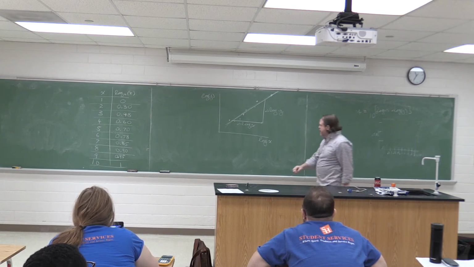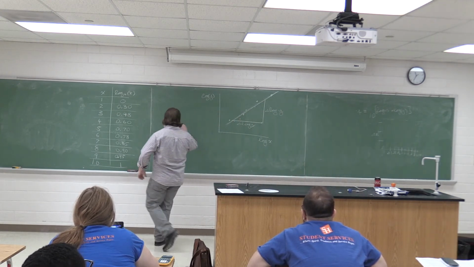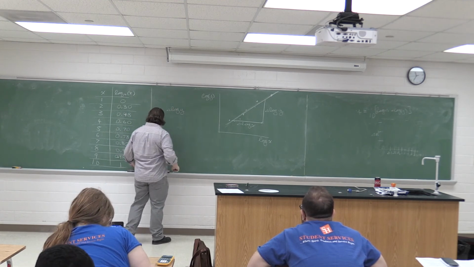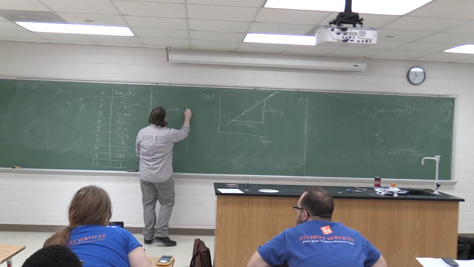So let's imagine that we had some slope here. So we've got delta log y. What does that mean?